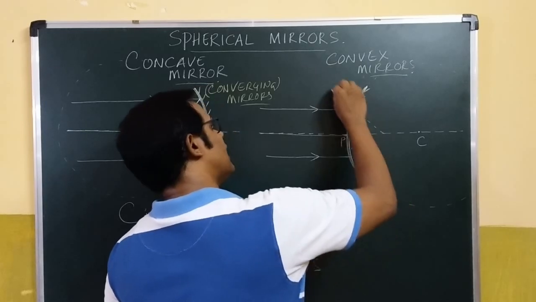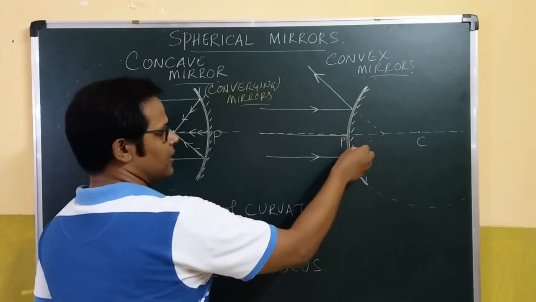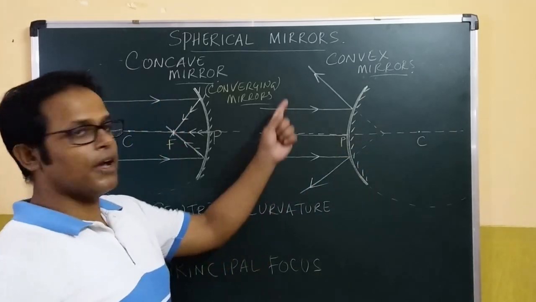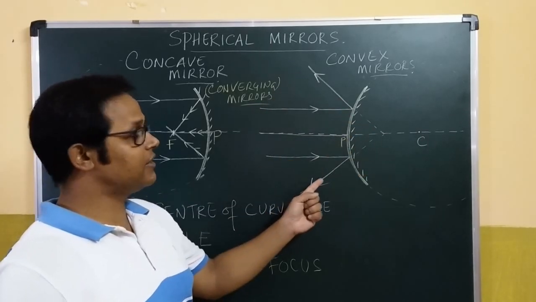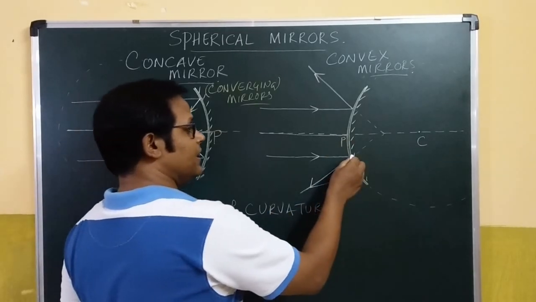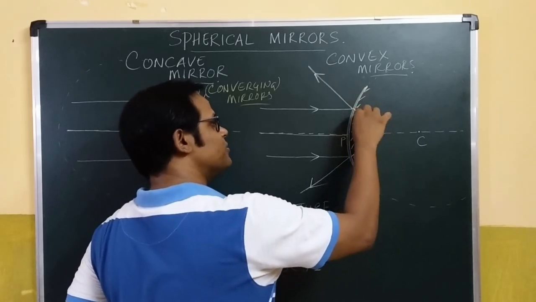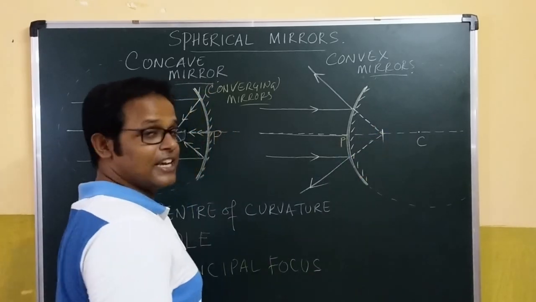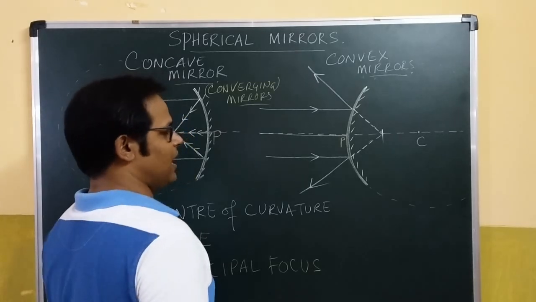So hence, from here onwards the light bounces off in such a way that if I produce this reflected beam of light, or the reflected rays of light, backwards geometrically, then I find that all these reflected rays happen to meet at one common point, which is actually a virtual intersection, which we have seen in the case of plane mirror behavior.